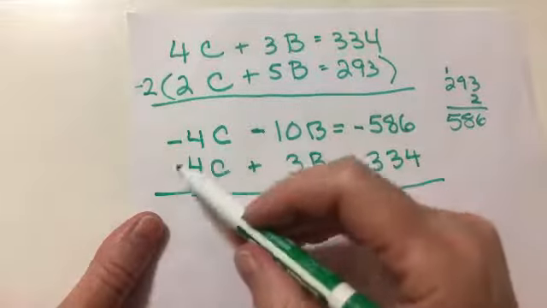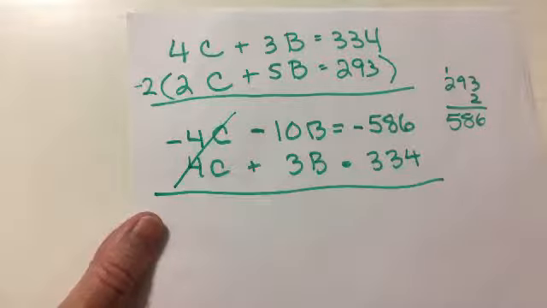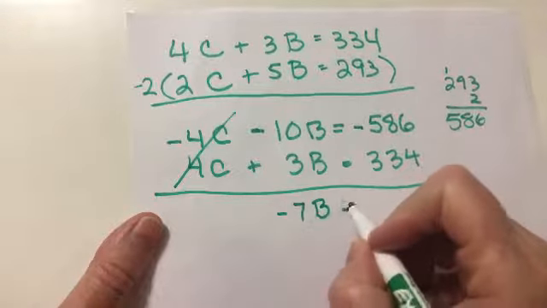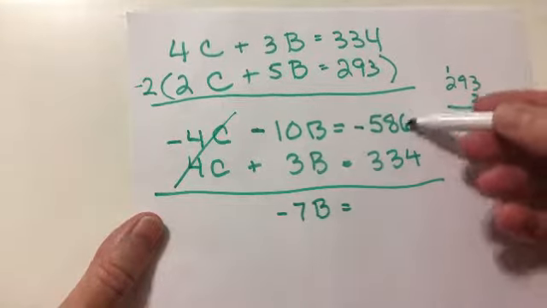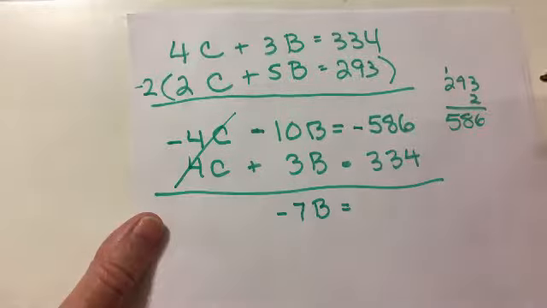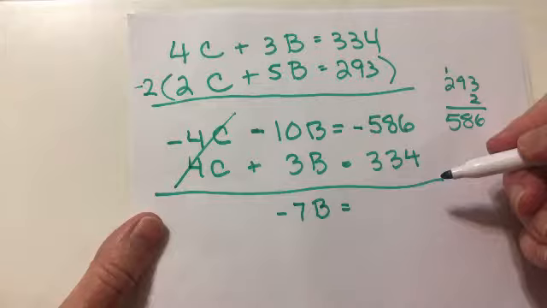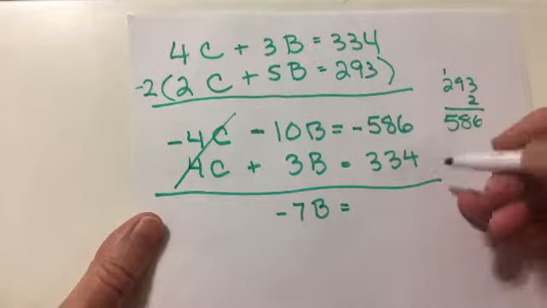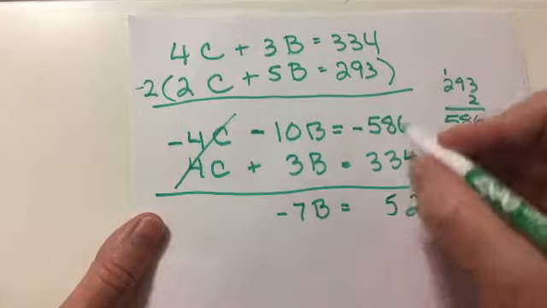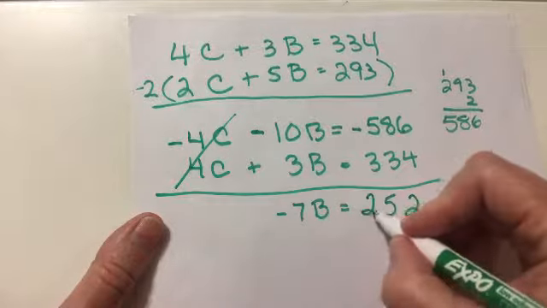And then when I add those together, I cancel my C's and I'm left with negative 7b is, and remember when we're adding opposite signs, this is a plus, this is a minus, we actually subtract the two numbers. So when I subtract 6 and 4, I get a 2, 8 minus 3 is 5, and 5 minus 3 is 2.